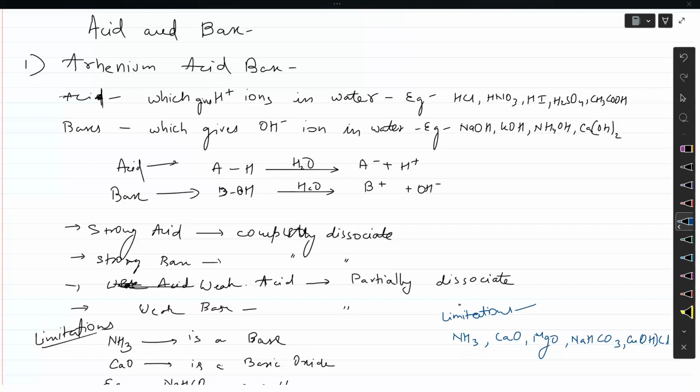They have acid and base properties, but Arrhenius doesn't want to accept it. However, we study Arrhenius because he was the first one to give a definition about this.